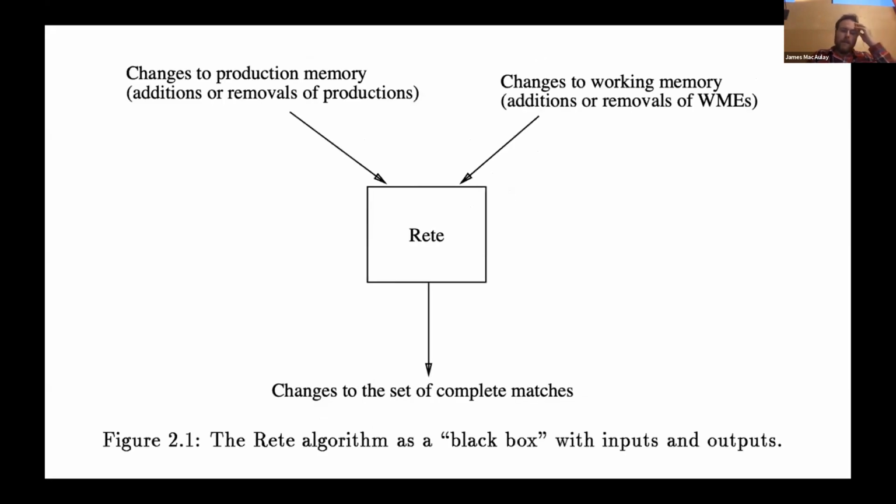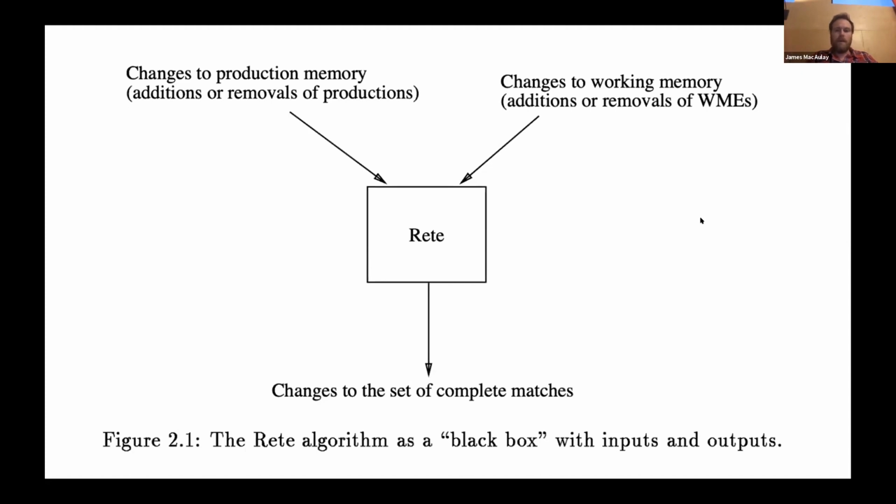Here are a few figures from the paper. If you just want to understand Rete as a black box, you give it changes to production memory. In the terminology here, a production is the same thing as a rule.